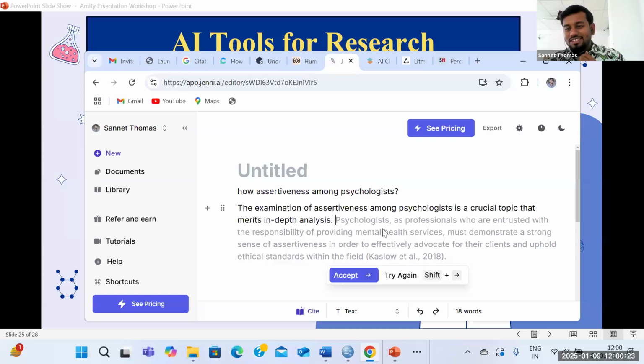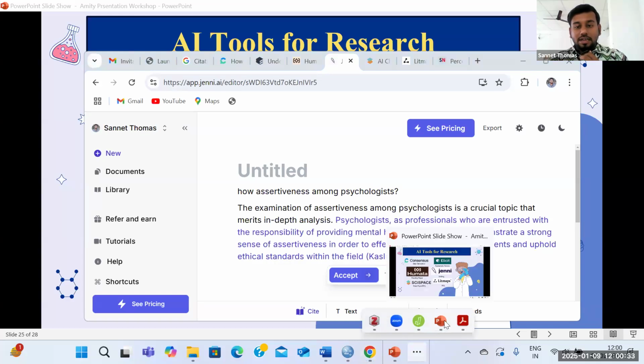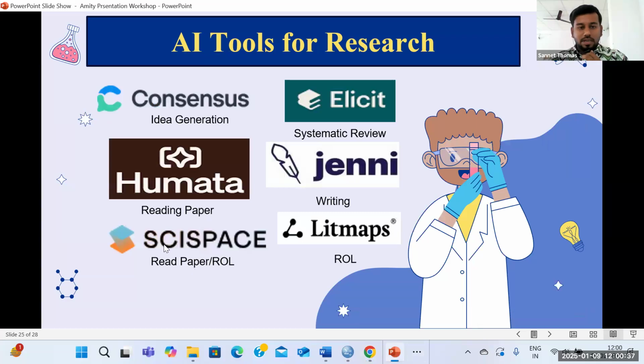So what beautiful sentences Jenny has written. So this is the way Jenny will be helpful for writing the article.